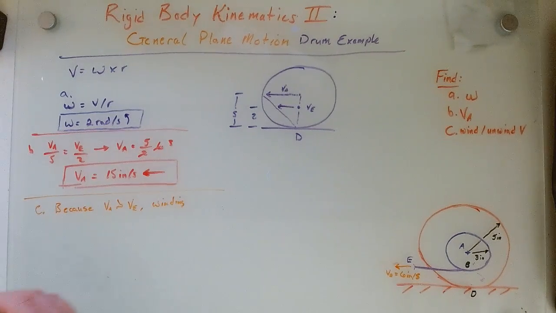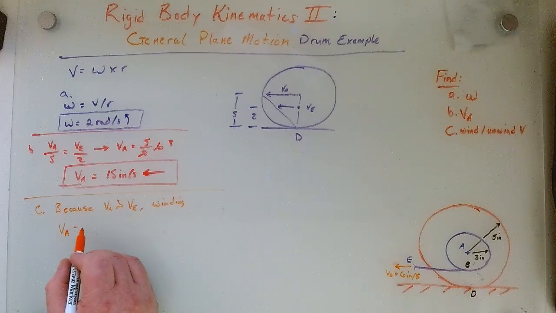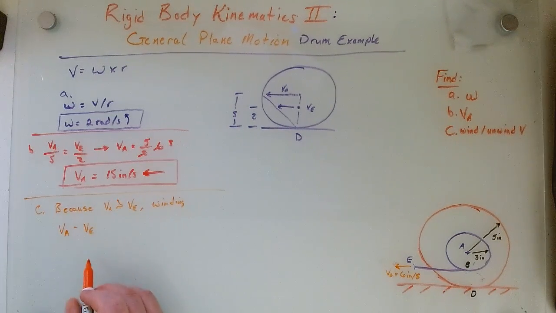Okay, and how much? Well, it's actually simpler than you would think. All we do is we say, well, VA minus VE is the amount that the rolling is overcoming the velocity of the cord, right?